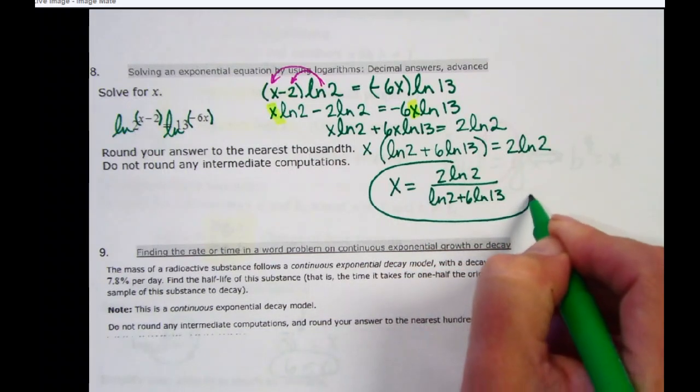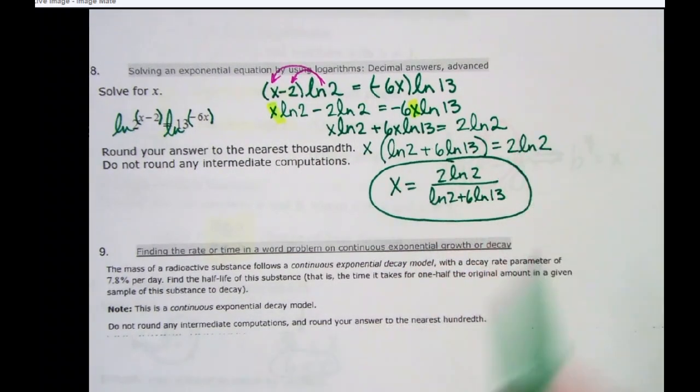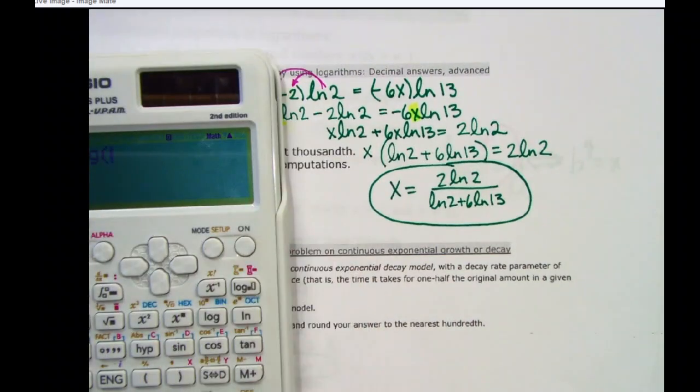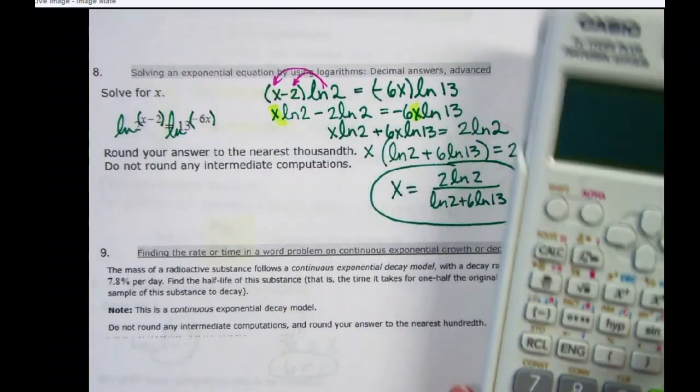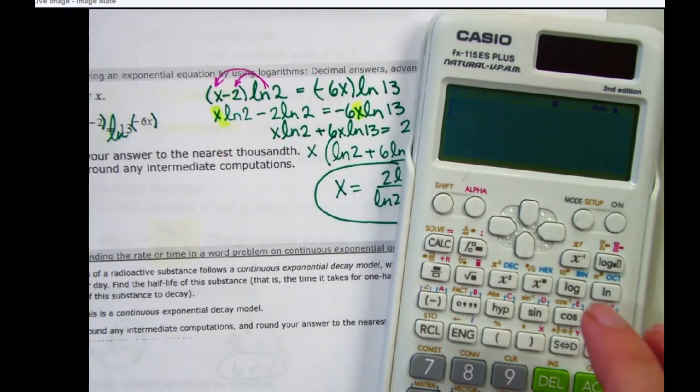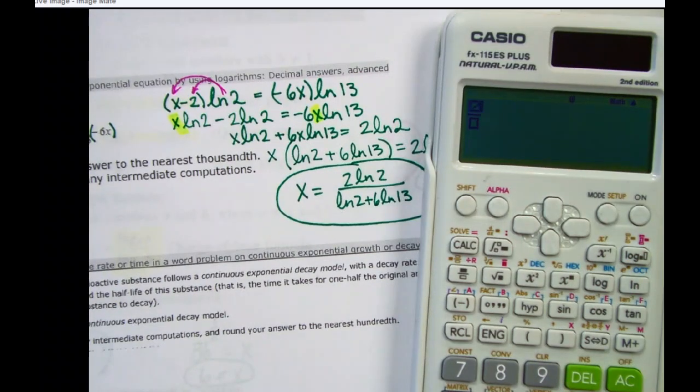Oh, it wants to the nearest thousandth. This is when we miss our yellow calculators, right? Where we can just type it all in. All right, so I can do it. 2 ln of 2, and then we're going to have ln of 2 plus 6 ln of 13.